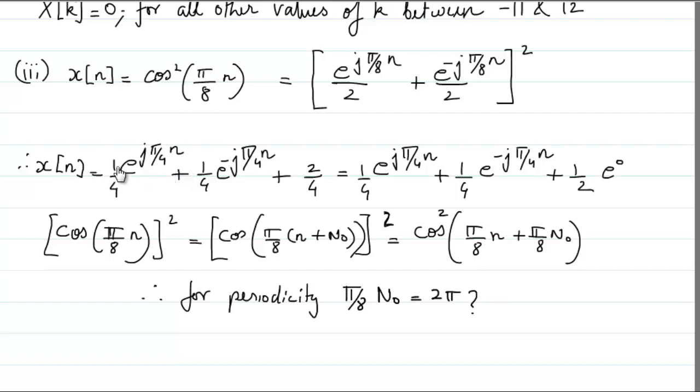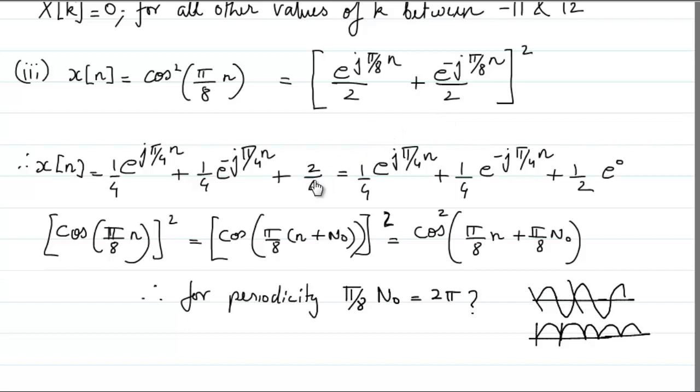Just look here. Suppose I am drawing a cosine waveform like this. If I take the square of it, what will come? It will come like this. The square of the cosine waveform will look something like this, isn't it? So what has happened? Previously, when this much was the period, now the period has become half of that.